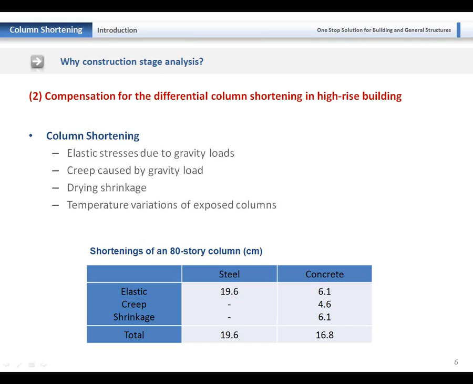This table shows the typical comparative shortenings of 80-story steel and concrete buildings. Due to the high stresses, the elastic shortening of the steel column is higher than the concrete. But in the concrete building, the creep and shrinkage shortening is quite high. So we cannot ignore those effects during the analysis.